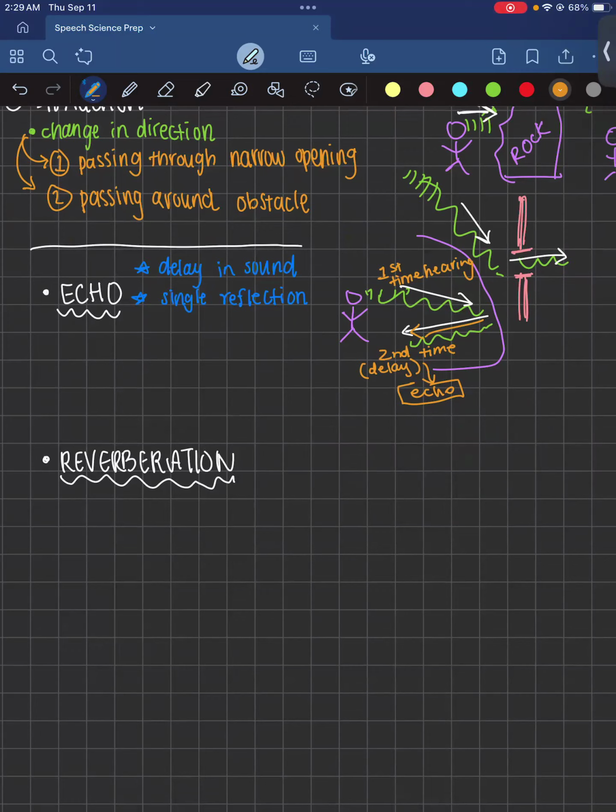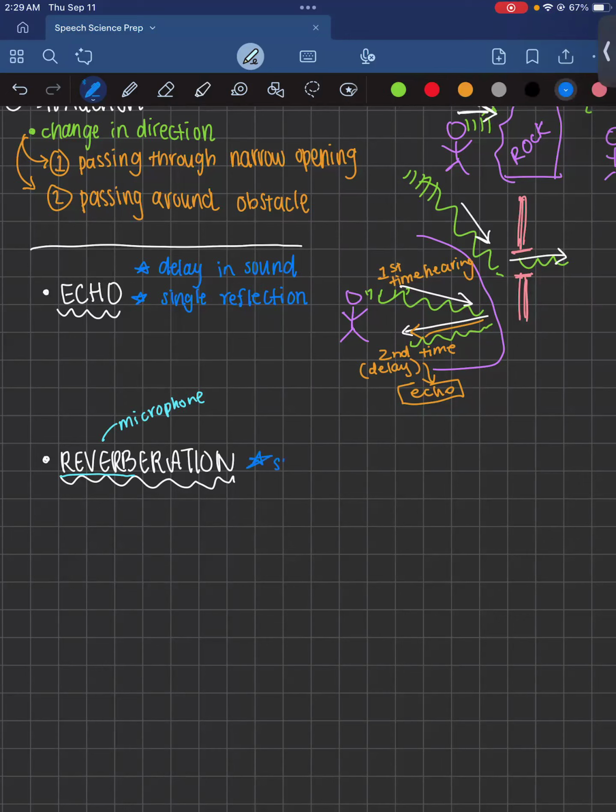And then by comparison, what is reverberation? If you're into digital music or you sing, you can think of reverb with a microphone. But basically, a reverb or reverberation is not a delay in sound.